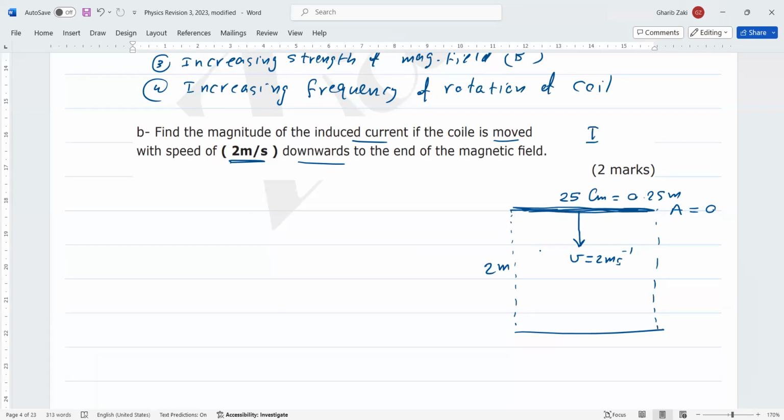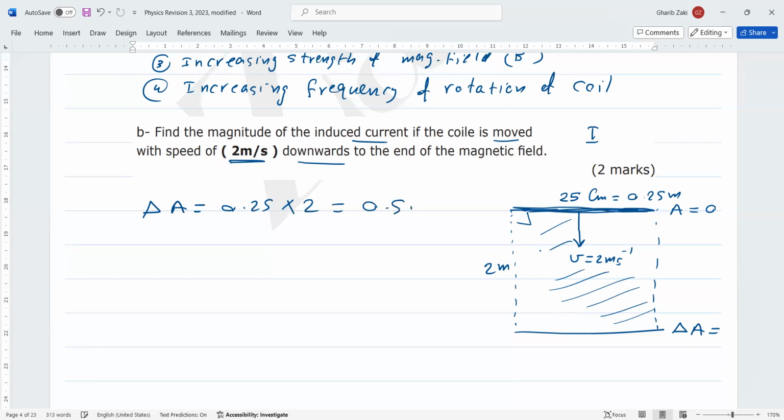So here, we have area. So delta A is now formed. What is delta A? It is the length multiplied by width, because this is the area formed. So it is 0.25 multiplied by 2, which is 0.5 meters squared. That happened in 1 second, at 2 meters per second. So delta T equals 1 second.